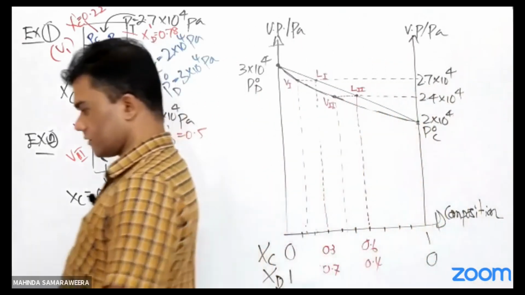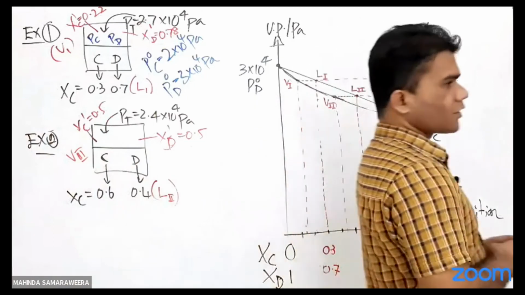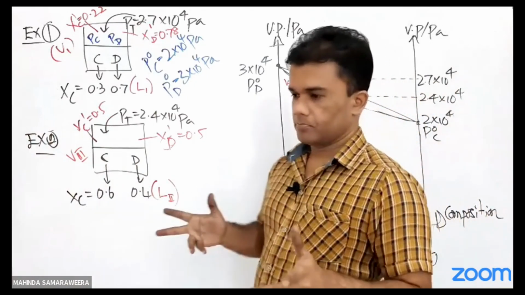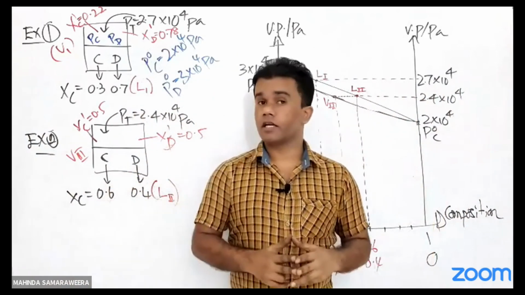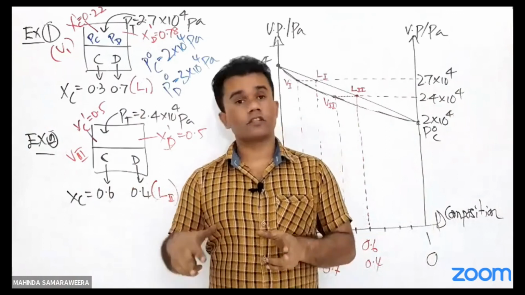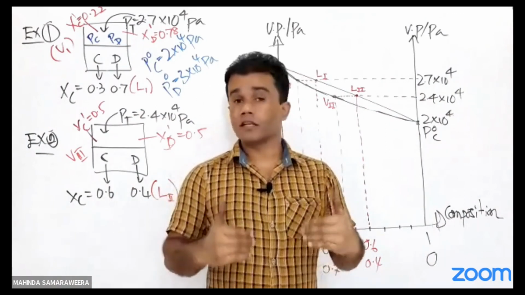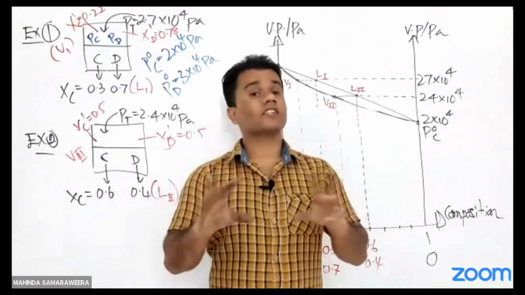Everything we represented, right? I hope you understood this part clearly: how to draw the vapor pressure composition phase diagram, and how to represent composition of components in liquid phase and the vapor phase with the total pressure of the system.